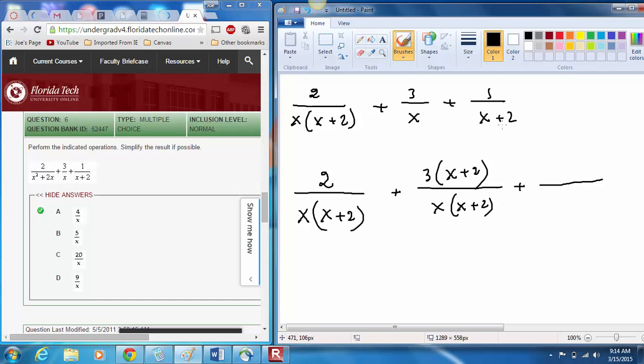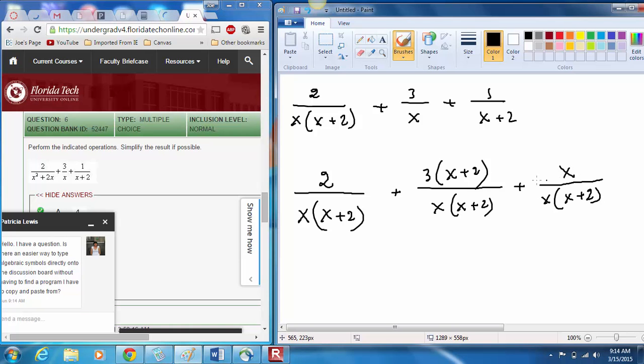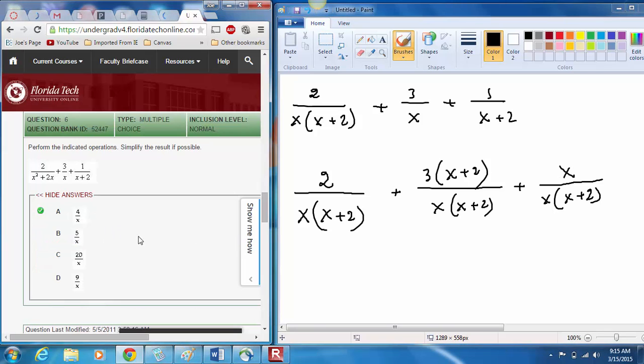We went from x plus 2 to x times x plus 2. So we multiply the denominator by x, and we have to multiply the numerator by x. So x times 1 is x. Therefore, the final answer would be adding 3x plus x is 4x, 3 times 2 is 6, 6 and 2 is 8.